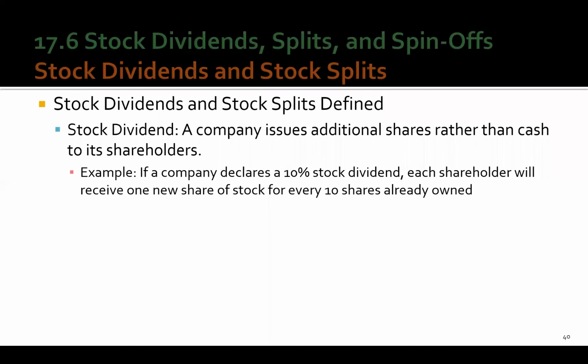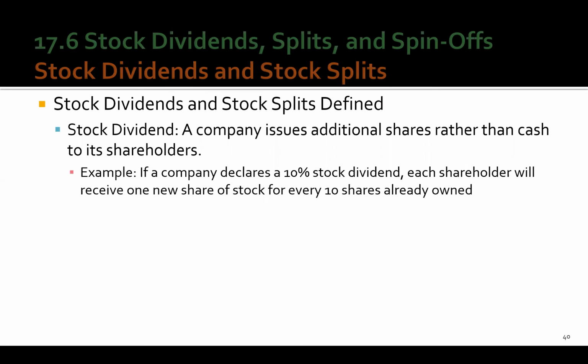Here we're going to look at stock dividends, stock splits, and spinoffs. By definition, a stock dividend is when a company issues additional shares rather than cash to its shareholders. An example: a company declares a 10% stock dividend.